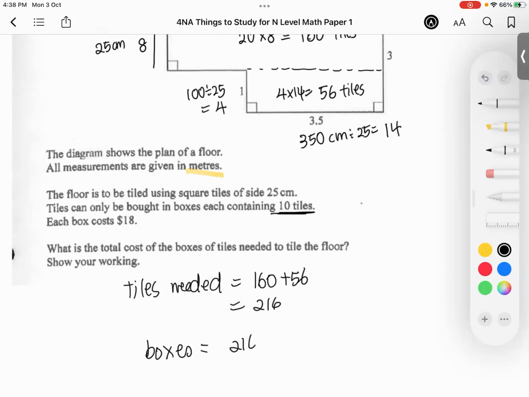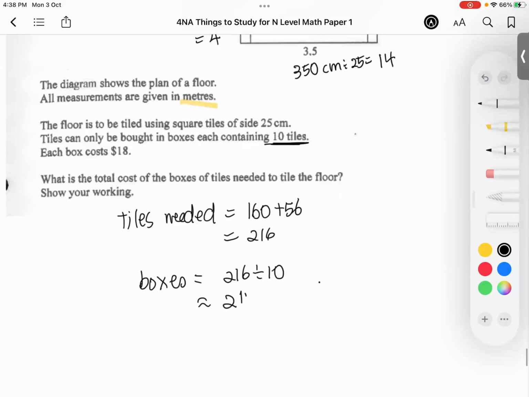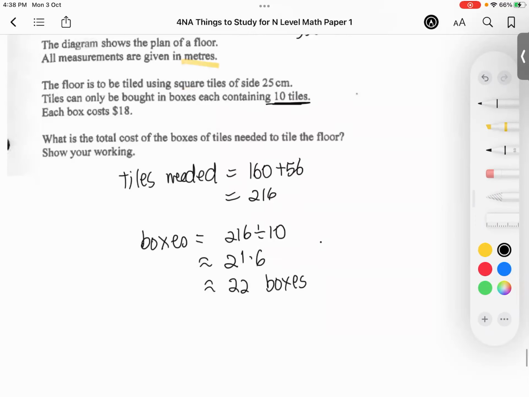So 216 divided by 10, I need to round up. By right, it's 21.6. I cannot buy 21.6 boxes, so I have to round up to be 22 boxes. Then each box costs $18, so the cost will be 22 times 18.